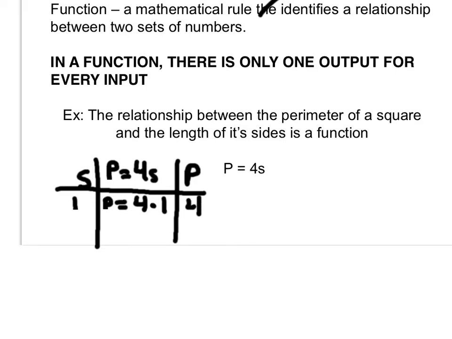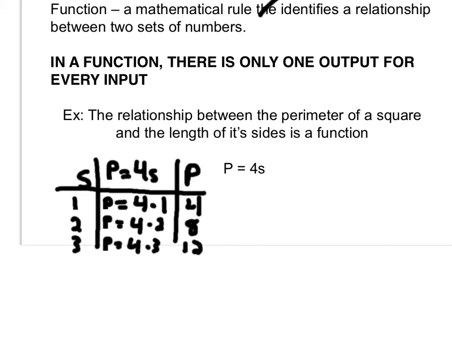Okay? And likewise, if I put in 2, then the perimeter is equal to 4 times 2, which is 8. Okay, if I have a side length of 3, doesn't matter what it is, 3 inches, 3 centimeters for a square, then the perimeter is equal to 4 times 3, which is 12.